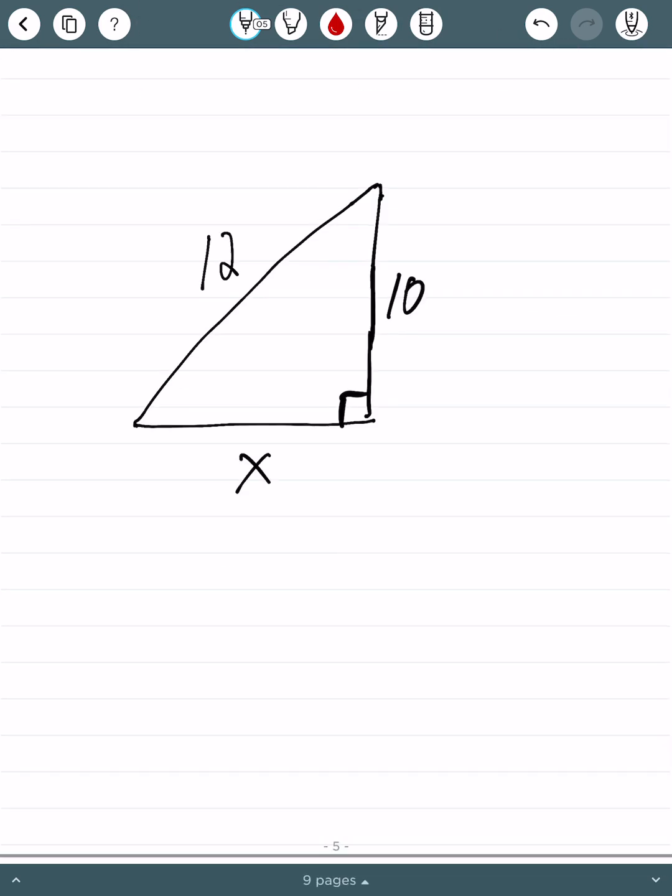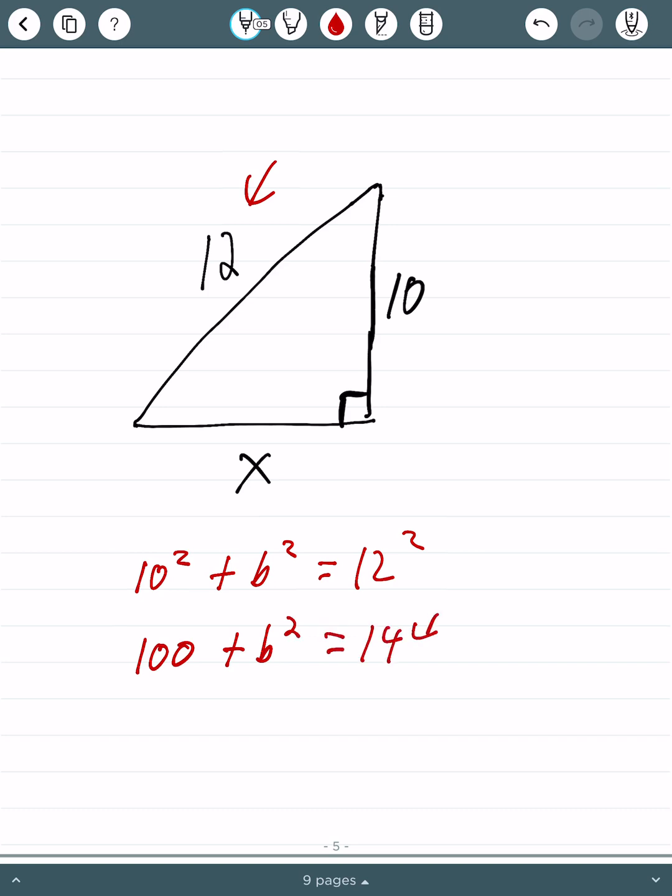All right, let's look at one more of those where C is actually given. 10 squared plus B squared equals 12 squared. 100 plus B squared equals 144. Now I got to get B squared by itself.